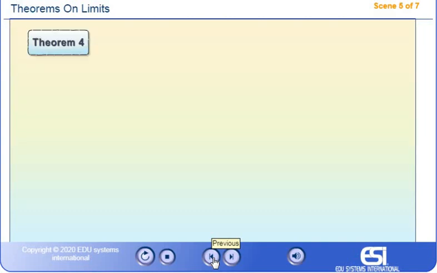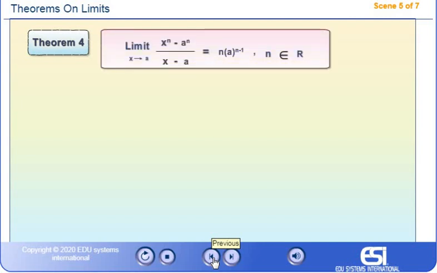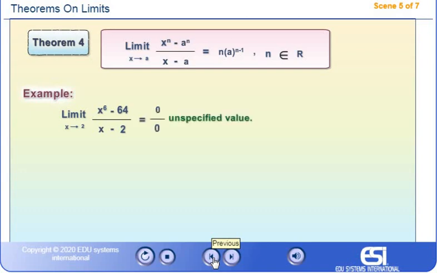Theorem 4. Limit x power n minus a power n over x minus a as x tends to a equals n times a power n minus 1, where n is a real number. In this example, limit x power 6 minus 64 over x minus 2 as x tends to 2 equals the unspecified value 0/0.